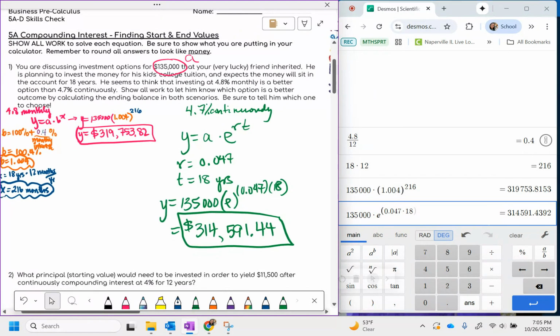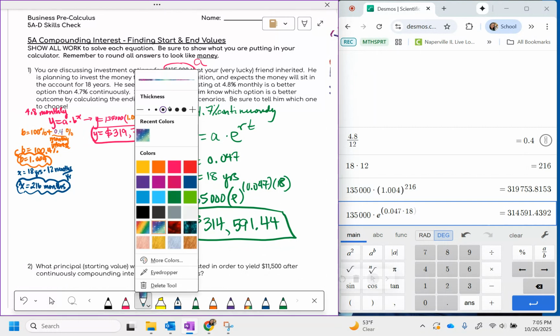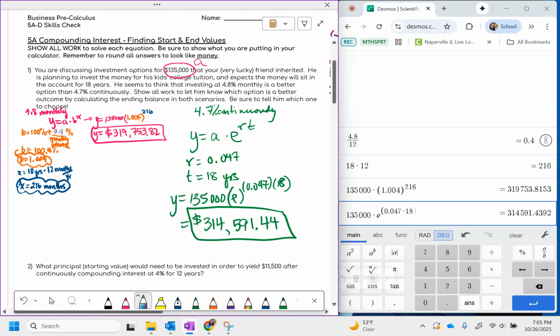So what some people do is they do all of that and then they don't actually answer the question, and the question is saying which one is the better deal. So the 4.7% continuously is the better deal. Nope, sorry, I said the wrong one.